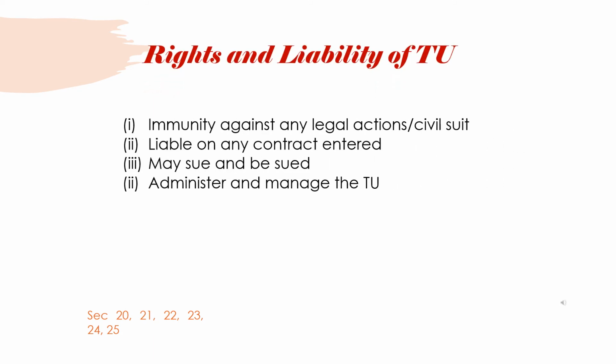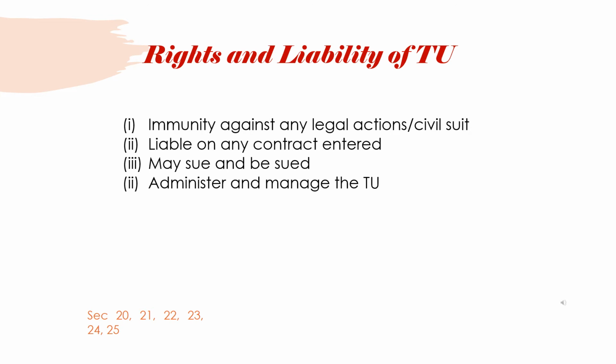The rights and liability of trade union includes immunity against any legal actions or civil suit, including tort, whereby it must be legally registered and it must be related to trade dispute. Second, liable on any contract entered, for example, collective agreement.